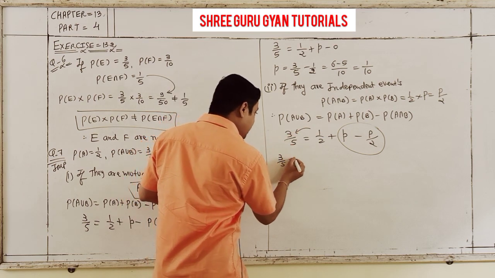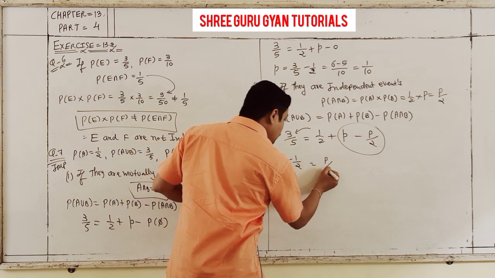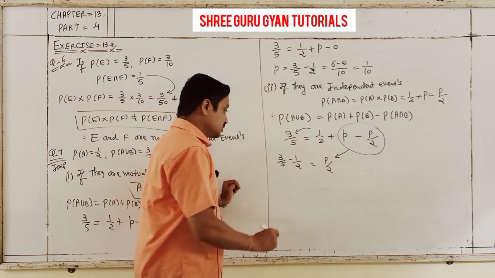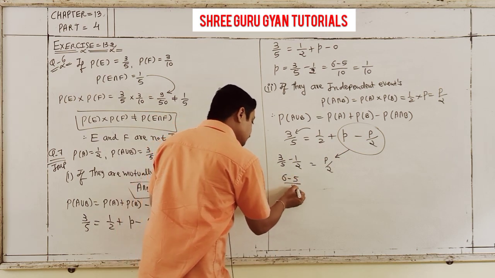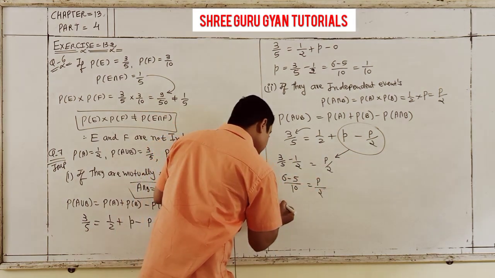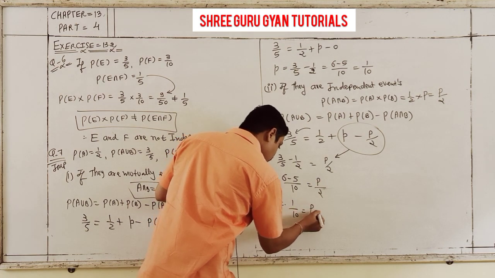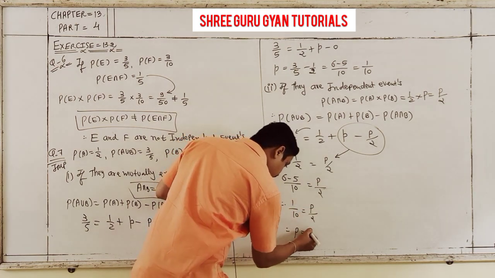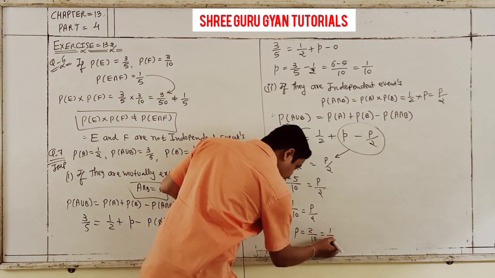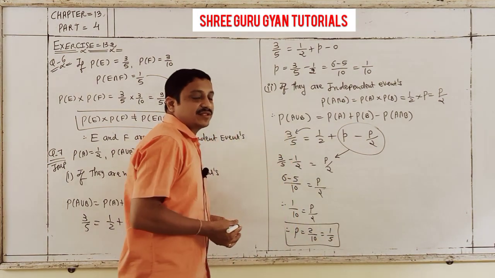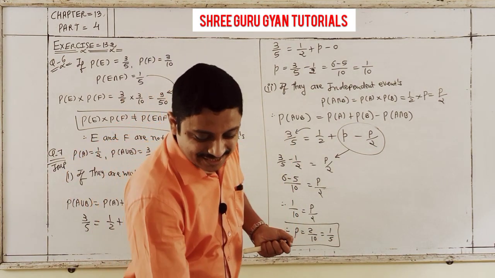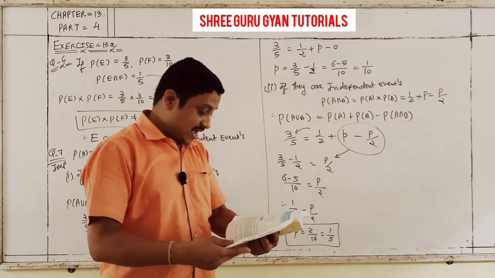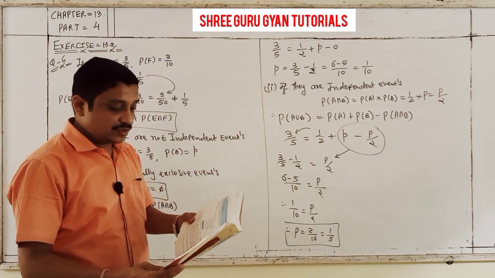So 3 by 5 minus half equals p by 2. So 6 minus 5 by 10 equals p by 2. It is 1 by 10 equals p by 2. So p is 2 by 10, which is 1 by 5 only. And very easily we are done here, students. This answer is done happily. Now continue with question number 8.